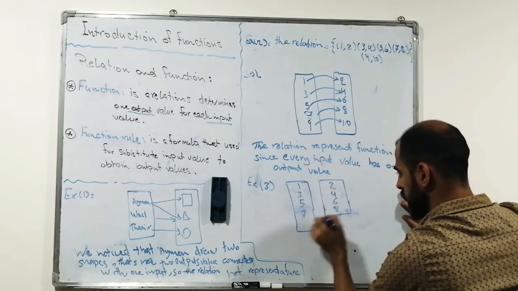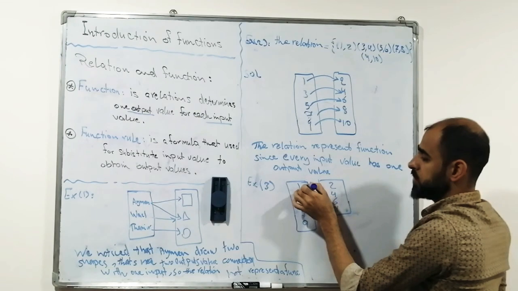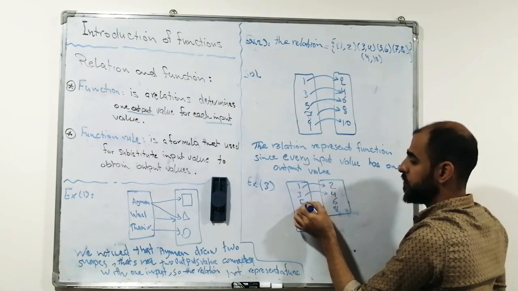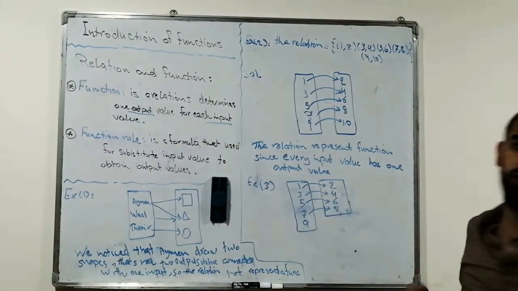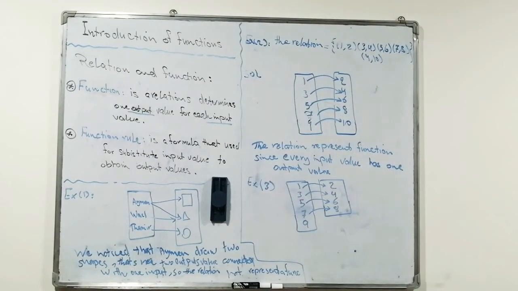In the figure, 1 is connected with 2, 2 with 4, 3 with 4, 5 with 6, 7 with 8, but 9 doesn't connect with any number.